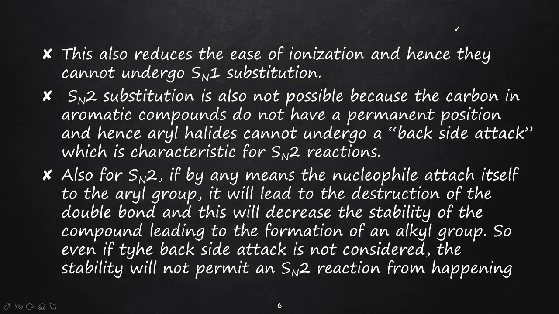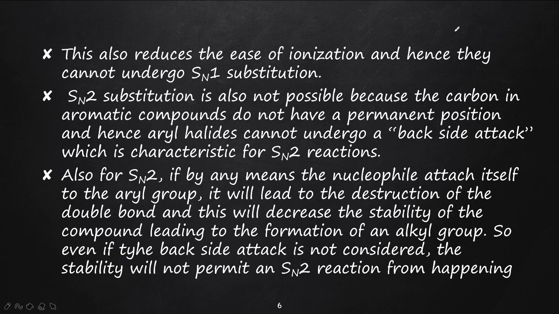Now, this also reduces the ease of ionization, hence they cannot undergo SN1 substitution. Remember, when we talk about substitution in organic halides in general, in an SN1 reaction, a stable carbocation must be formed.